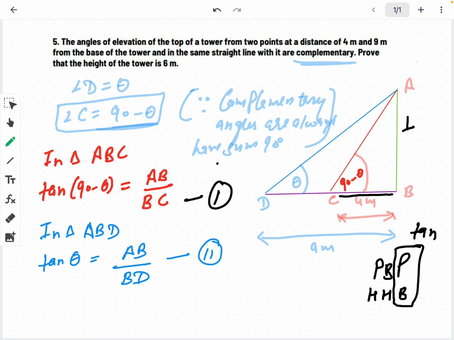Now comparing equation number 1 and 2, in equation 1 we have tangent 90 minus theta. As per exercise 8.3 we have studied that the angle 90 minus theta always lies in the first quadrant. We have studied 4 quadrants.